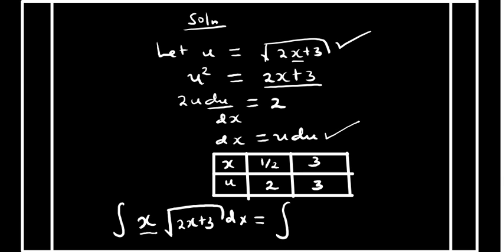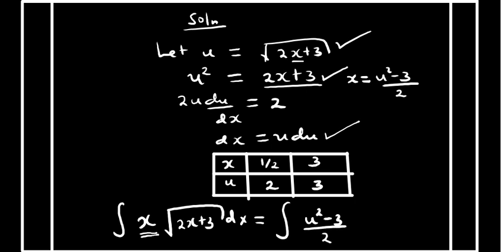So we come back to this expression here and make x the subject. When you make x the subject from this expression, x becomes u squared minus 3, all divided by 2. So in the place of x here, I will put u squared minus 3, all divided by 2.